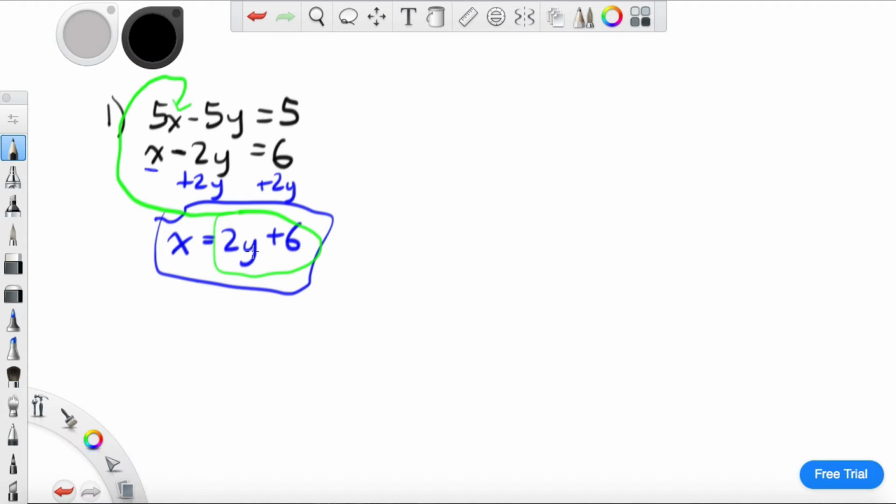Okay, so I'm going to end up with 5 times 2y plus 6 minus 5y equals 5. Why would I do that? Because now I only have y's here, and so it really is just basic algebra skills in order to solve this. This distributes into here, okay?